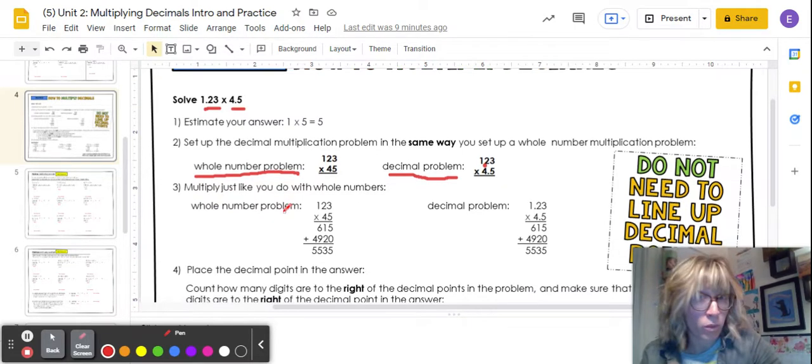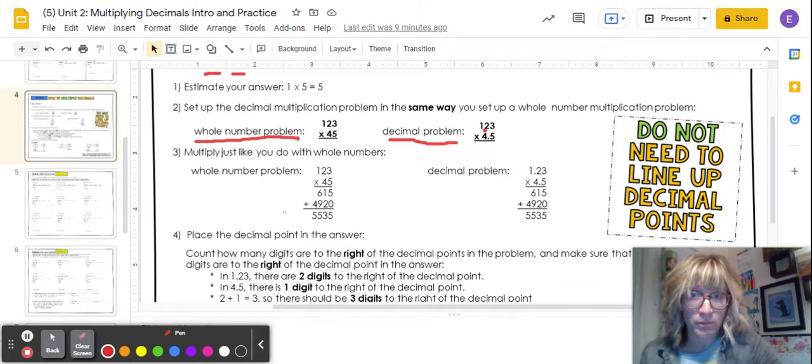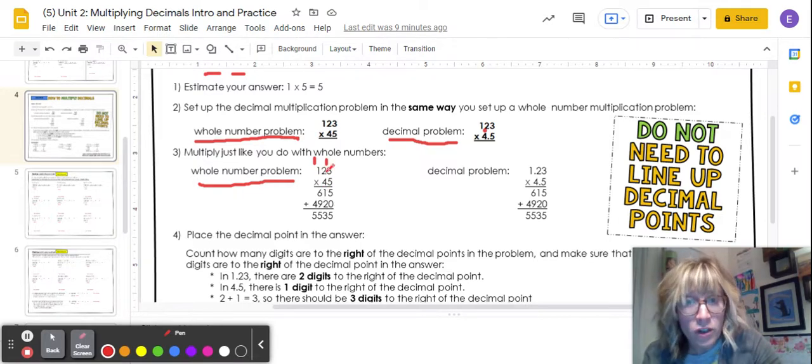So what we'll then do is multiply like normal. If it's a whole number problem and you use the traditional algorithm, you would say 5 times 3 is 15, 5 times 2 is 10, plus 1 is 11, 5 times 1 is 5, plus 1 is 6. Then we've done 123 times 5, which is 615.